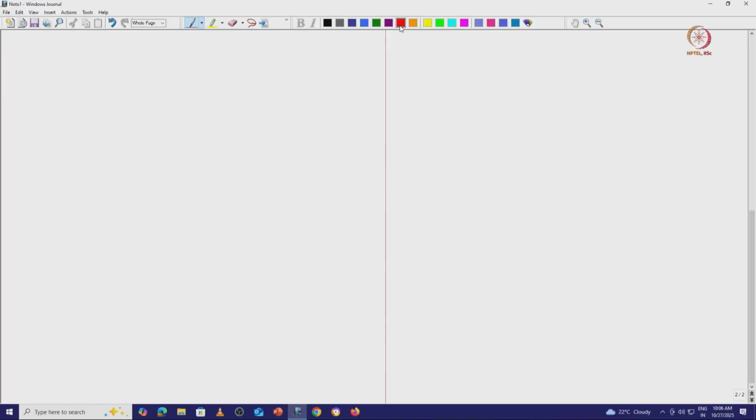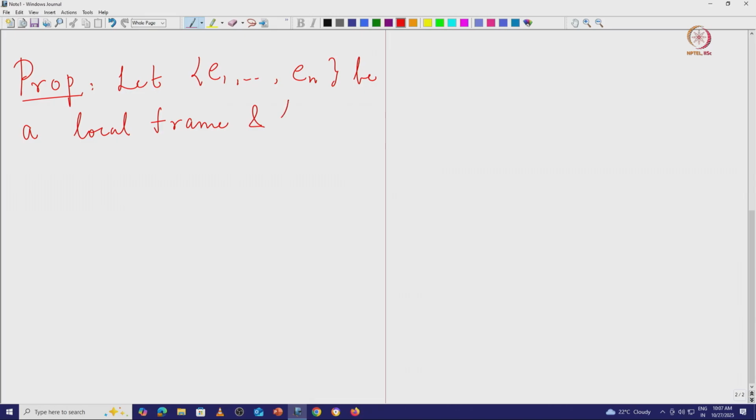So to begin with I want to state and prove the following proposition. As above, let E1 up to En be a local frame and epsilon 1 up to epsilon n be a dual frame for the cotangent space. Okay, then we have the following.